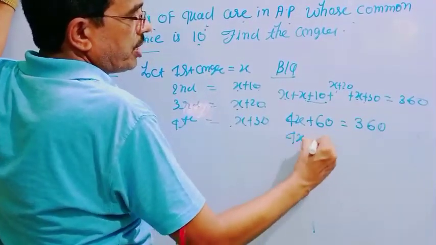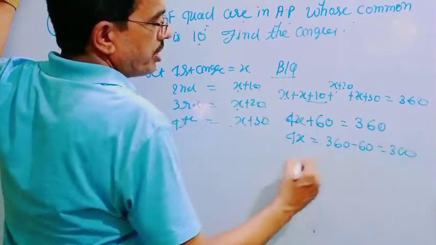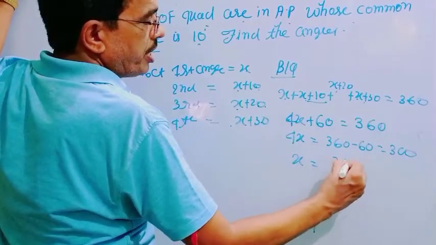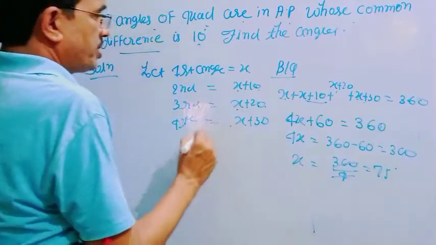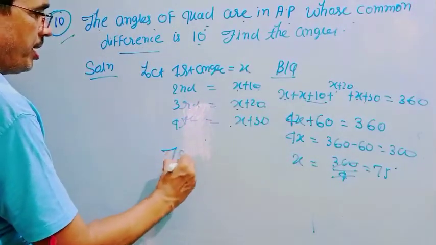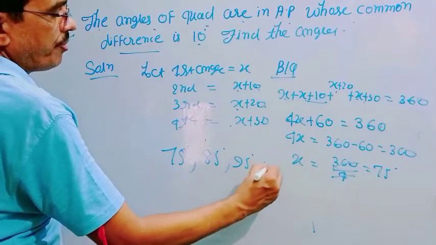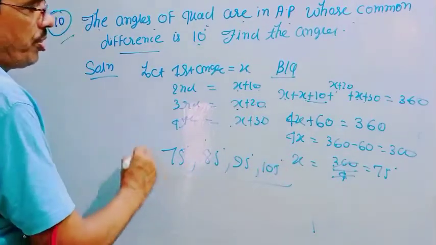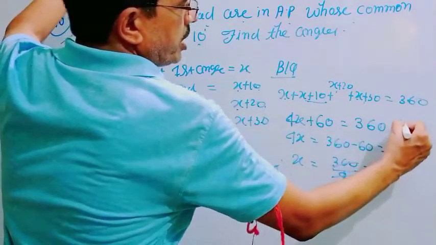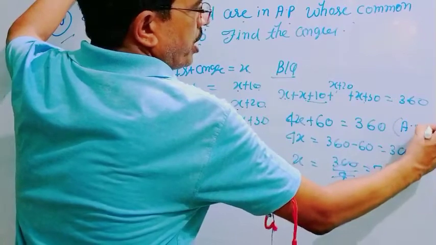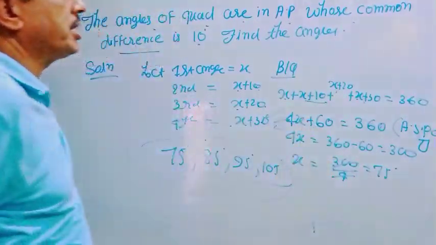Then 4x is equal to 360 minus 60, that is 300. Then what is x? 300 by 4, that is 75 degrees. So the first angle is 75 degrees, second is 85, third is 95, and fourth is 105. These are the angles of the quadrilateral. Why is it 360? Because the angle sum property of a quadrilateral is 360.